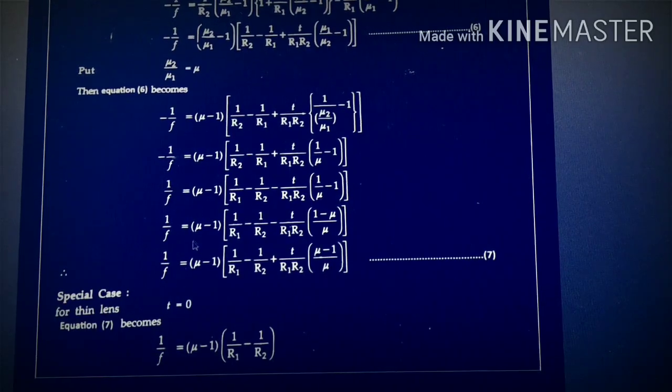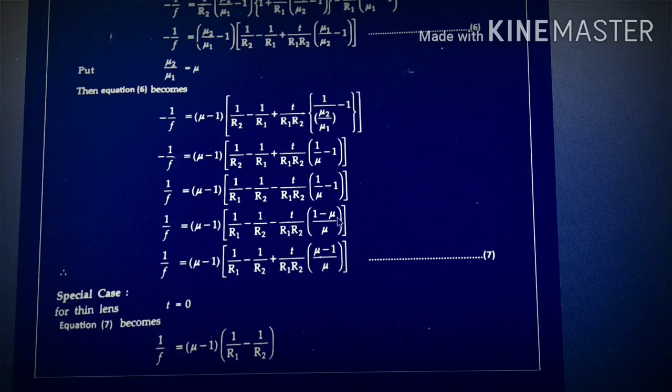So 1 by f equals mu minus 1 into 1 by r1 minus 1 by r2 minus t by r1 r2 into 1 minus mu by mu. After taking the negative sign from this bracket, negative negative is positive, so t by r1 r2 into mu minus 1 by mu. This is equation number 7.